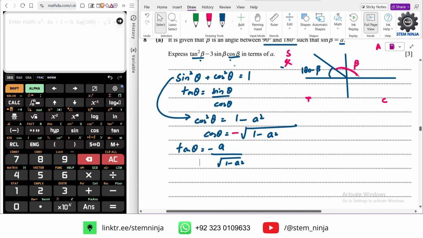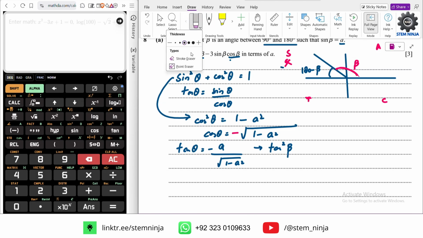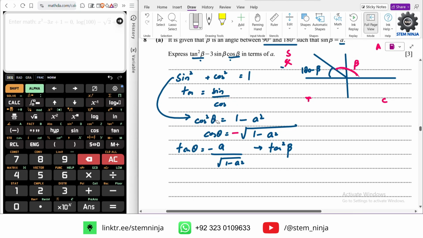Okay, so that means the tan theta squared, I've been using the wrong thing. So theta cancel. We are going to convert this into beta.